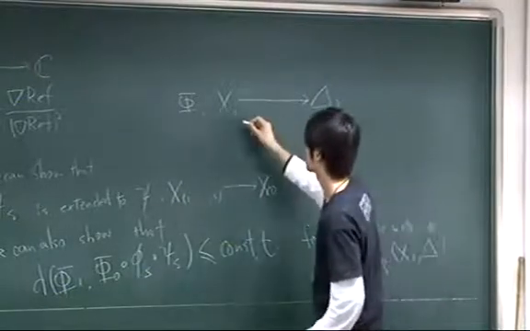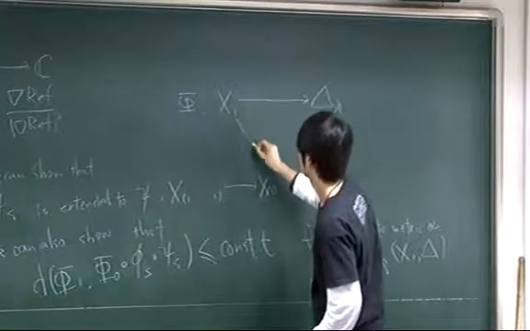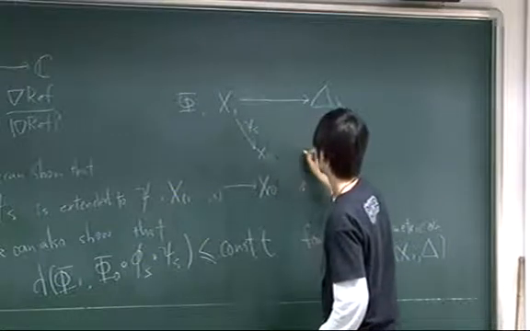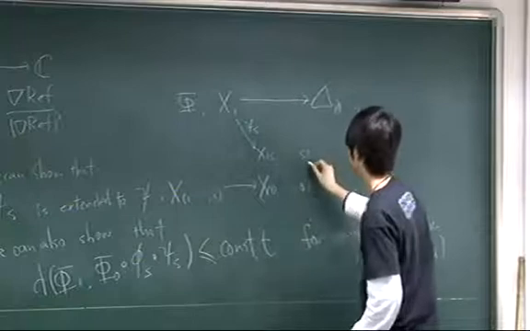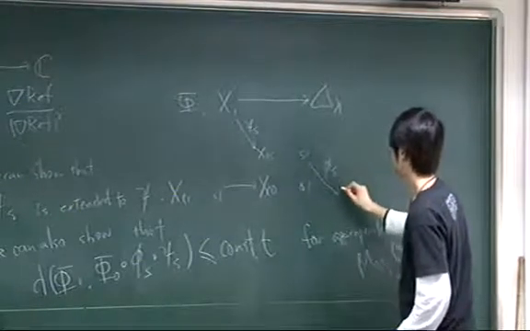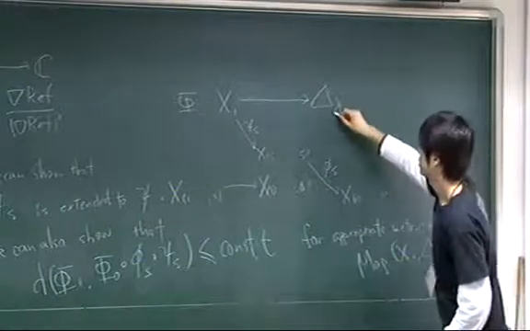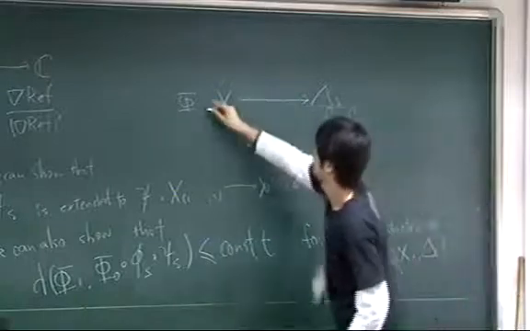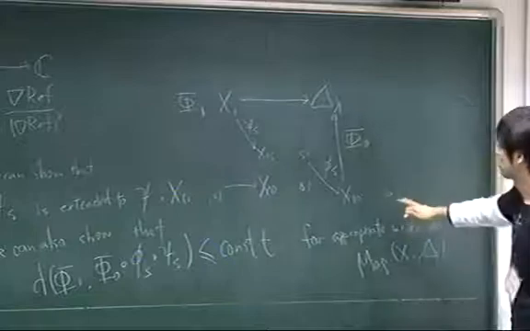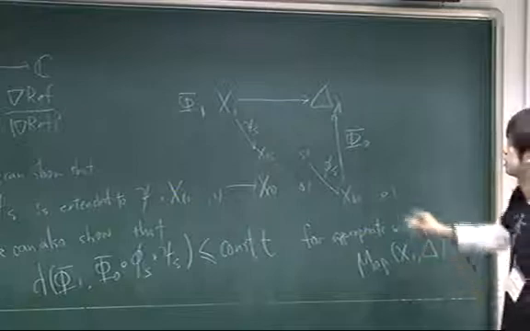From this, psi s maps this to xs, and then phi s maps this to phi 0. And phi 1, phi 0 is a momentum map on this singular toric variety, and this commutes.